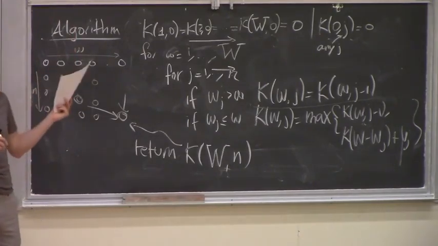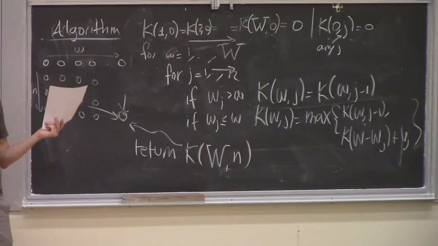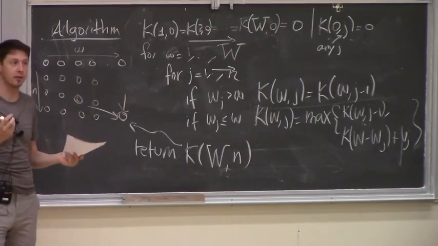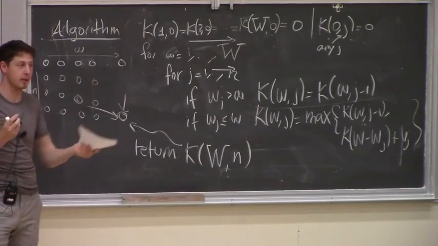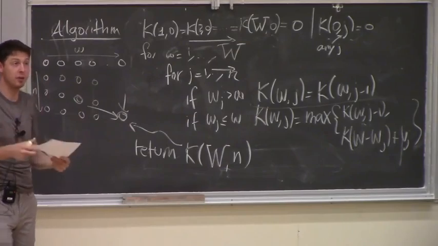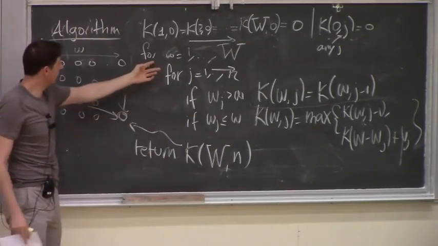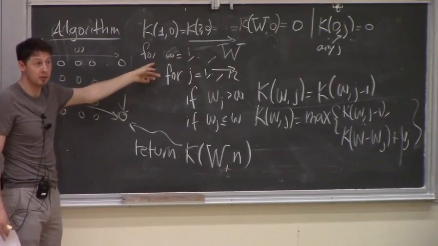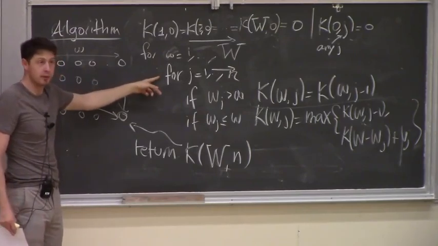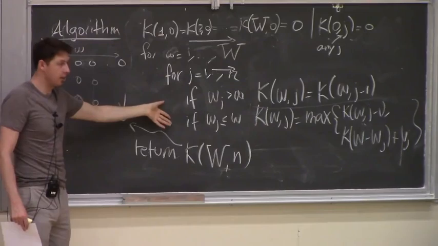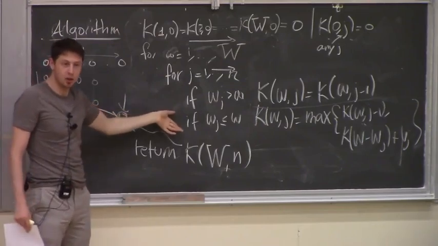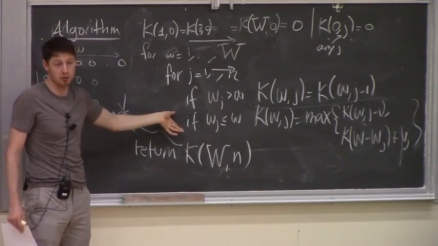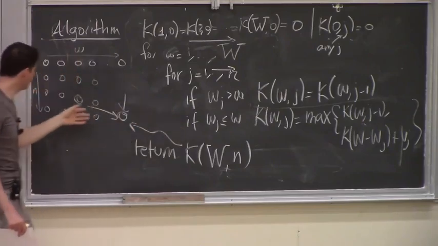There's n of them, so j can only range between 1 and n. So yeah, just Wn, right? Because think about it. We have an outer loop, W, an inner loop, n, and within each iteration, we're doing a constant amount of work.